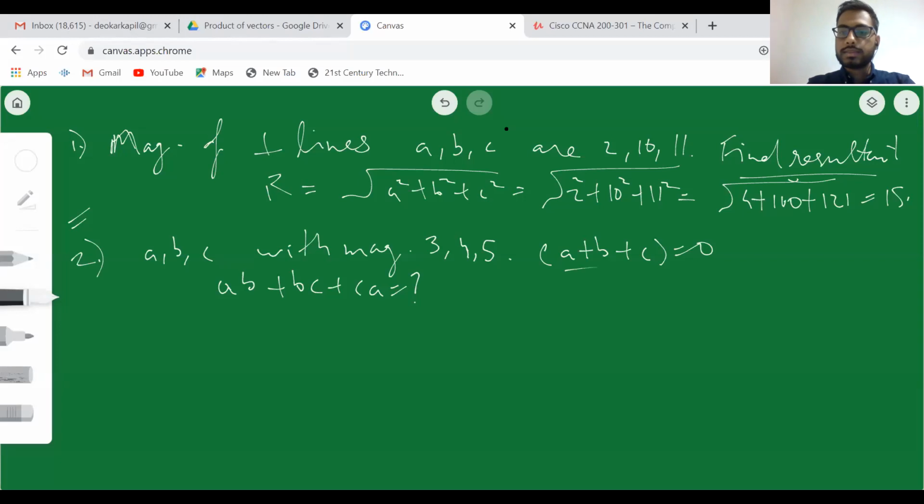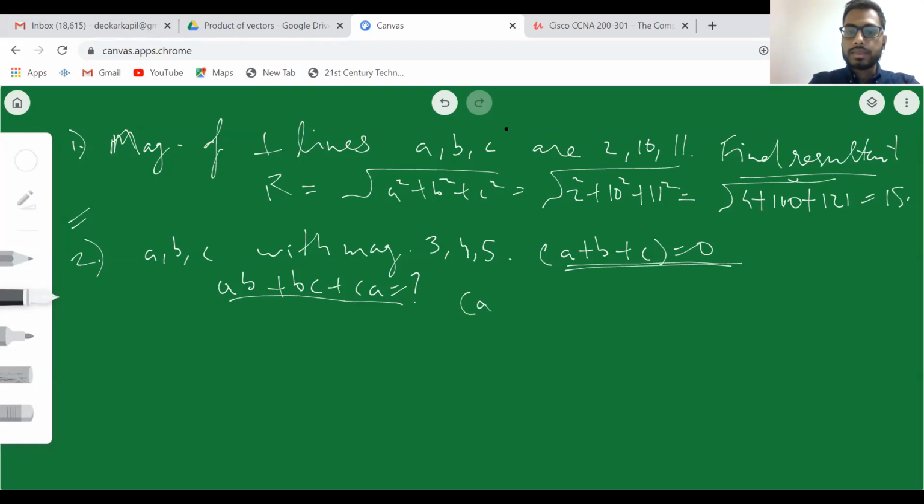Whenever this condition is given, a plus b plus c is 0, square on both sides, because when you square, you'll get a relation between the terms. Similarly, you have to square on both sides. When you expand the brackets, you are going to get this term.